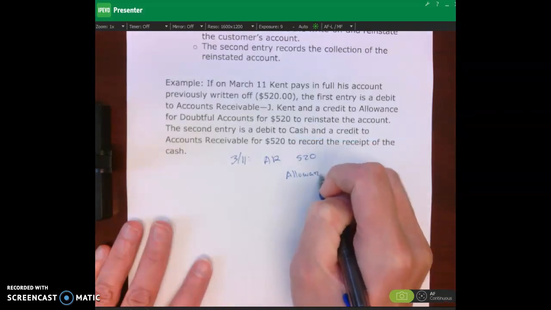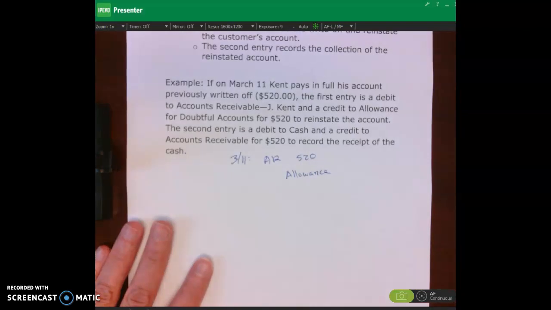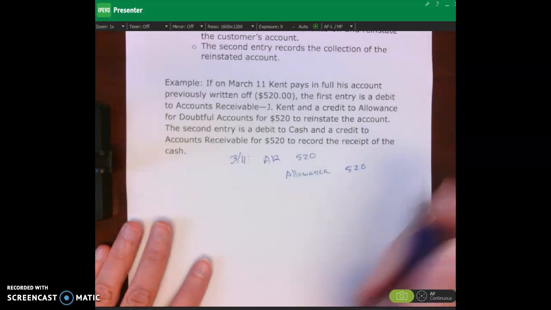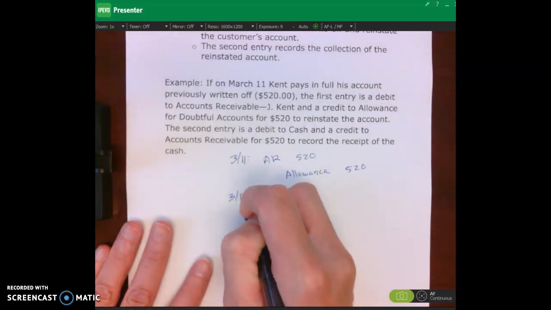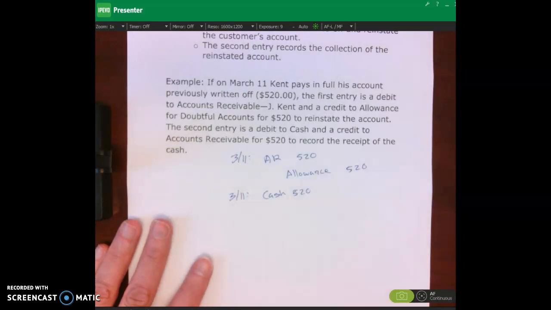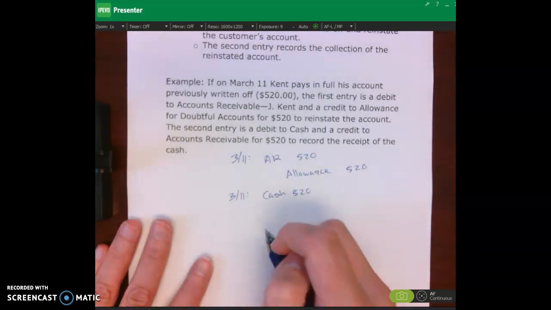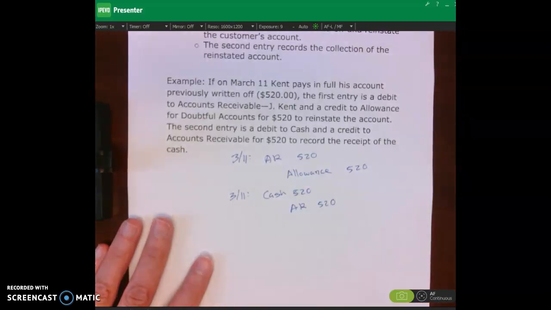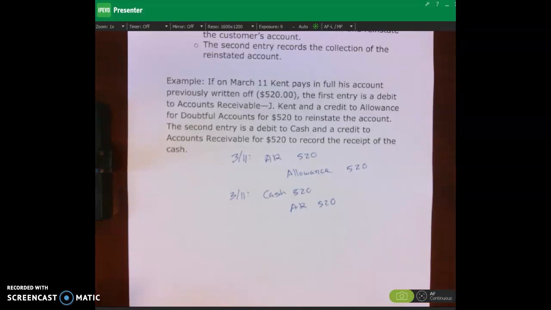I'm just going to write allowance, but the whole name is allowance for doubtful accounts, for 520. That will be the first journal entry. And then the second journal entry is a debit to cash for 520. And then we will credit accounts receivable for 520. So 2 journal entries to recognize that we are recovering a bad debt.